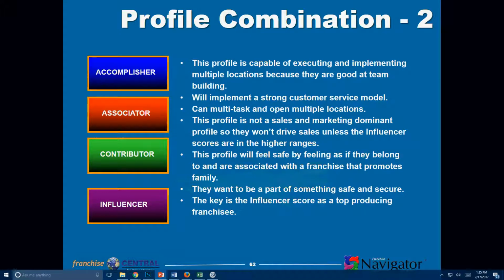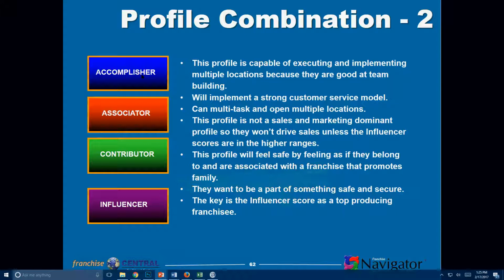They'll consider anything as long as it fits their needs. But what happens is that the accomplisher, associator, contributor combination is high drive, great interpersonal skills, and great leadership skills. These are the people that are the motivators for teams of people. So if you look back at people that have bought multiple location franchises through you, they're generally going to be an accomplisher, associator, contributor.